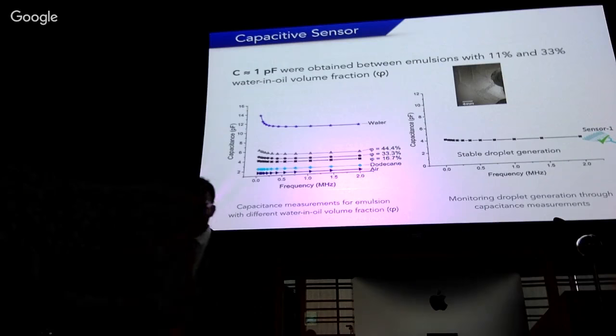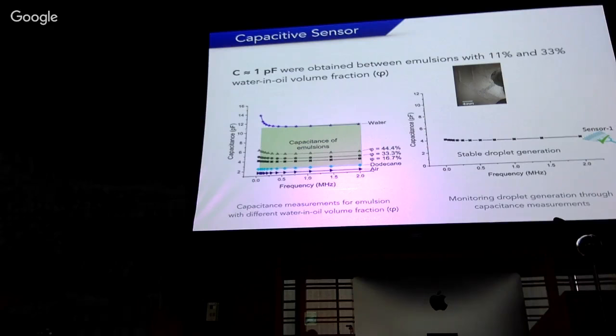We measure a channel full of water, and this is the capacitance that we obtain. We measure a channel full of oil, in this case dodecane, and this is the capacitance that we obtain. As the dielectric properties of our emulsions depend on the volume fraction of one fluid to the other, we'll have a capacitance in this range. Now imagine this is how we can use these measurements for monitoring purposes.